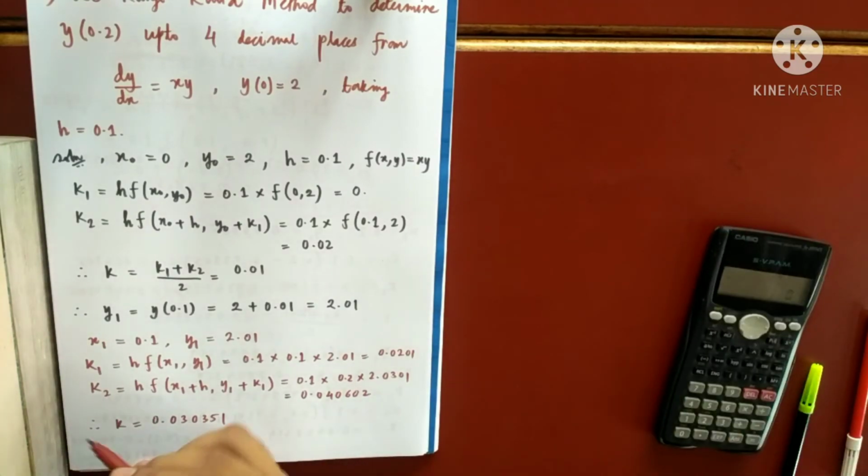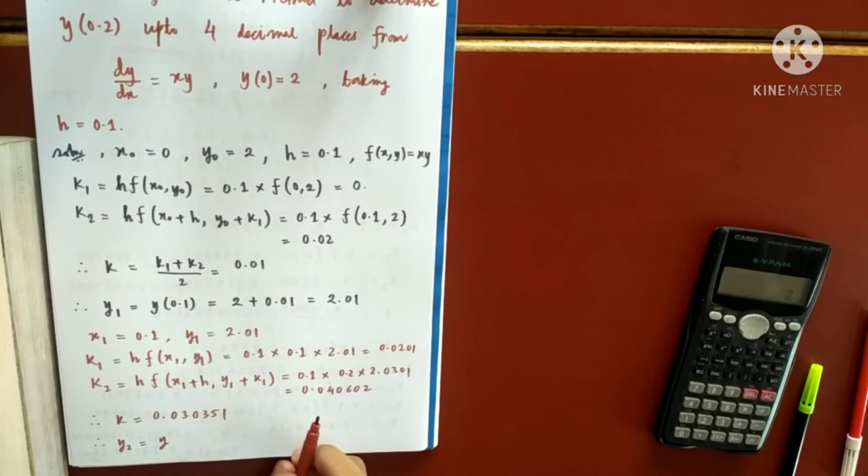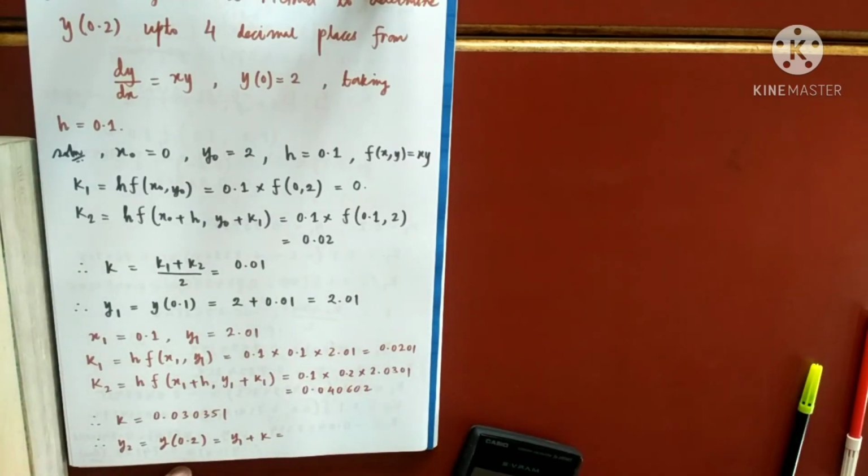So what is the value of y2, which is nothing but y at 0.2, which is y1 plus k. So this plus k is 2.01 plus k.